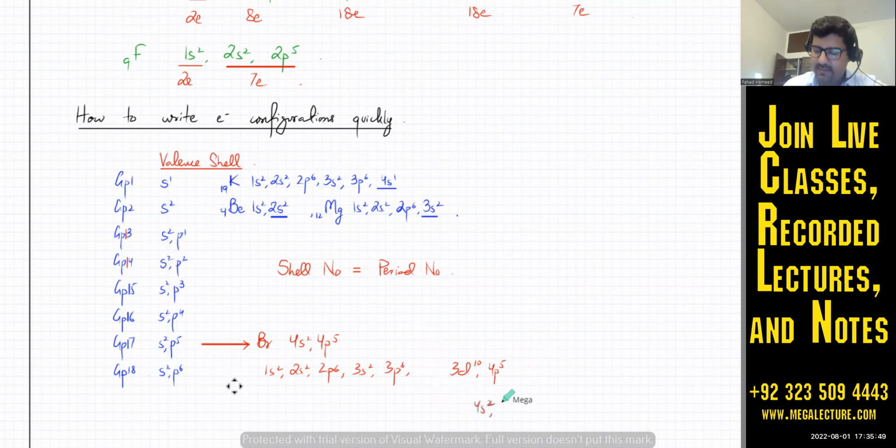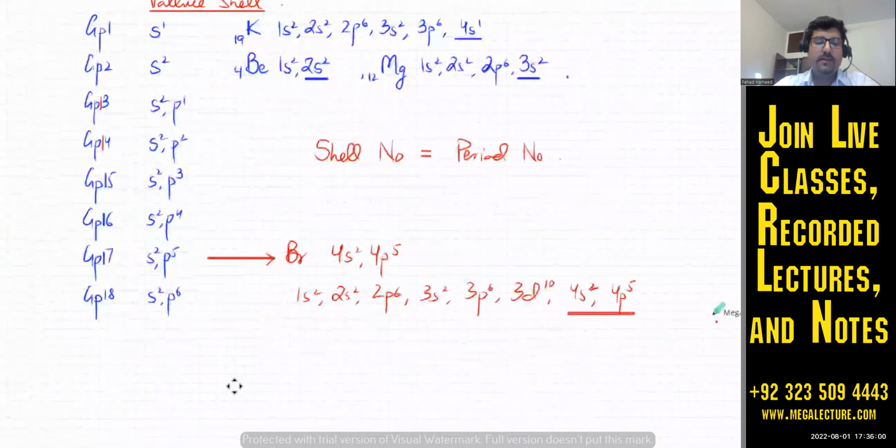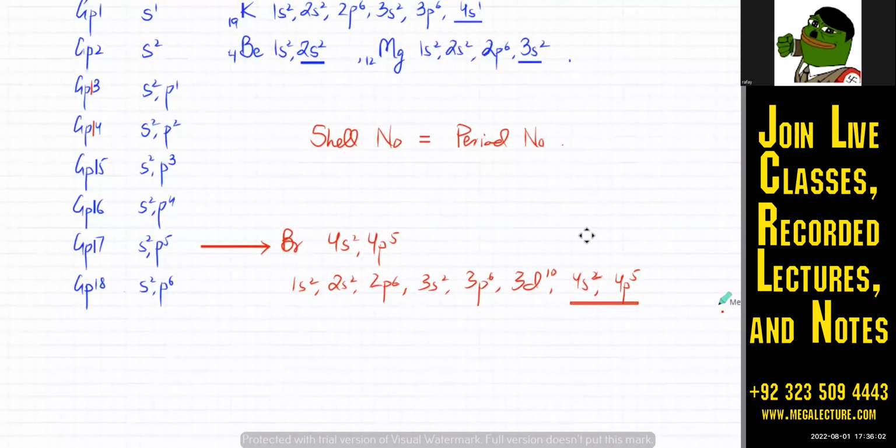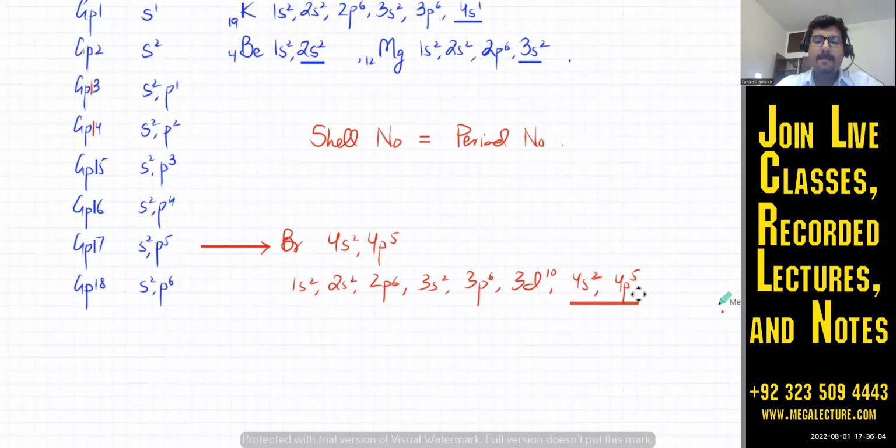So if you correct the order, the reason I'm not talking about 3d is I just want to know what's the outermost shell. Okay. Clear? The outermost shell is S2 and P5. Filling करते हुए I did fill 3d. Actually, remember the order of filling is irrelevant. वो तो एक table है ना, I just want to know the electronic configuration because you're never actually filling electrons in an atom. वो atom में electrons are already filled, right?